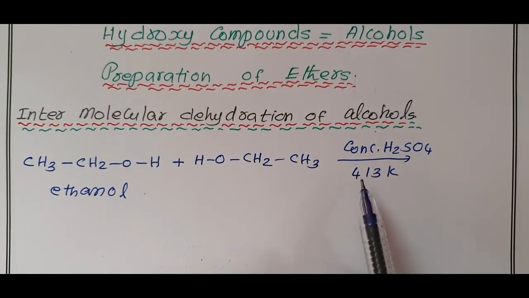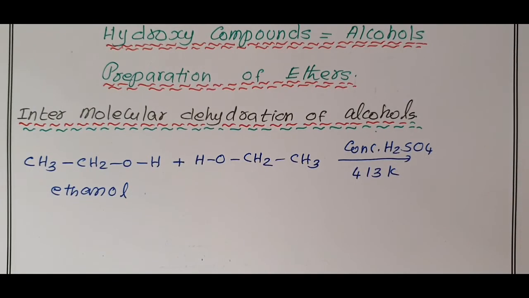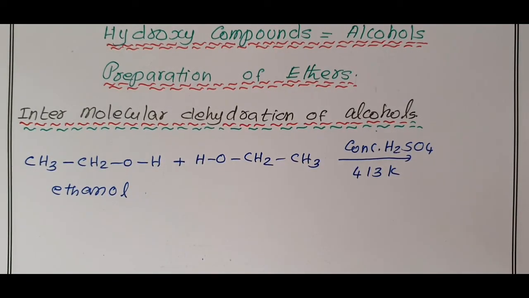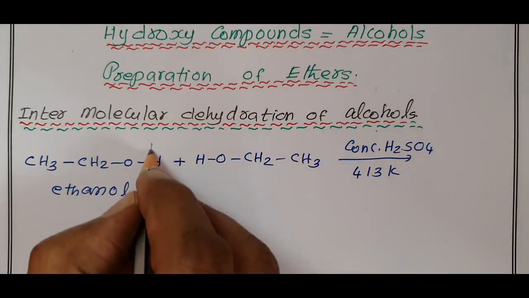If we use 443 Kelvin, it undergoes intramolecular dehydration and gives alkene. At 413 Kelvin, it undergoes intermolecular dehydration.